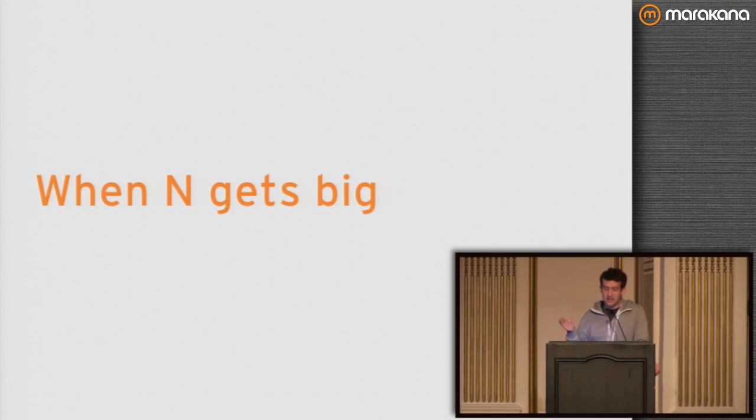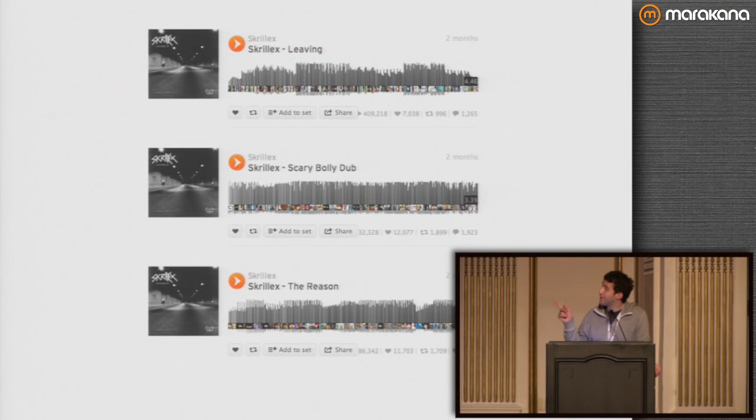And so that leads me to this point, which is when n gets big. So n is just a kind of random thing, and n might be big at a certain level based on your use case. But for us, we've seen when n gets big, really in relation to comments. So this is Skrillex. He's a really popular dubstep artist, electronic musician.